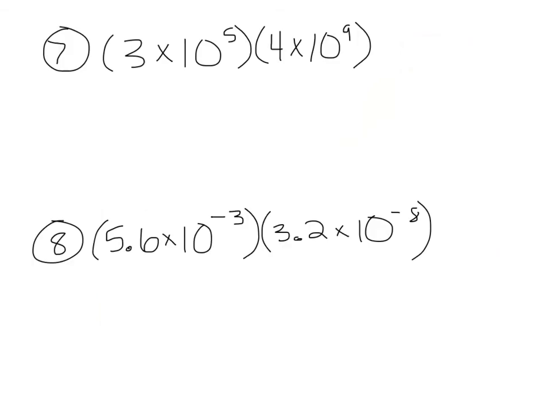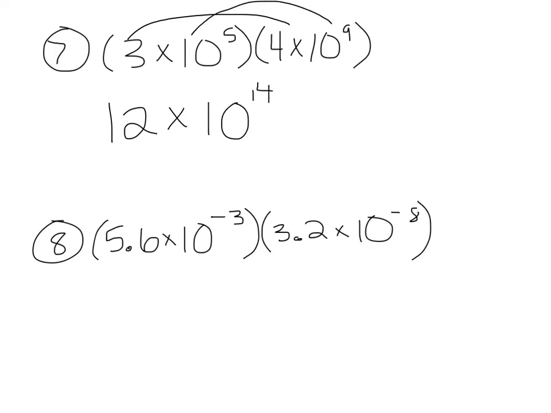Alright, and our 2 last problems here. These are 2 scientific notations, and we're multiplying them together. So we're going to take the 3 times the 4 to give me 12 times, and then we're going to add the exponents together. So 10 to the 14th. That's all you have to do when you're multiplying scientific notations together.